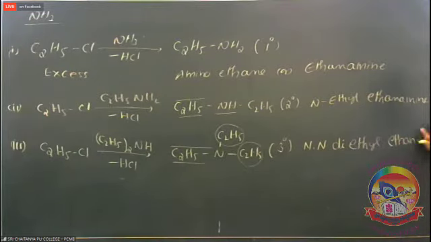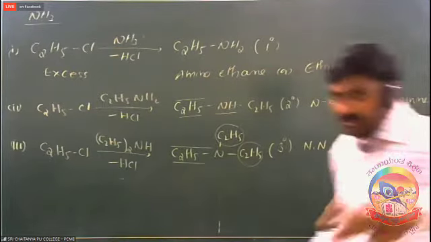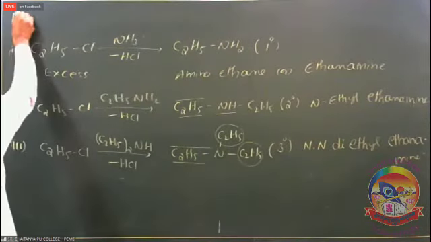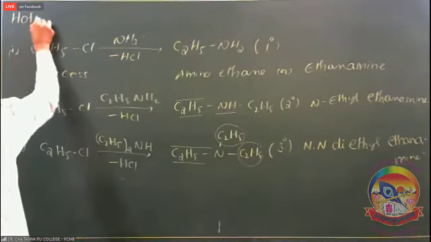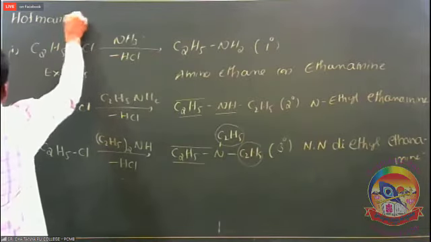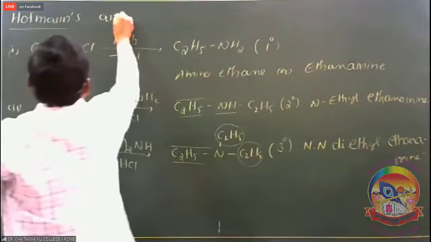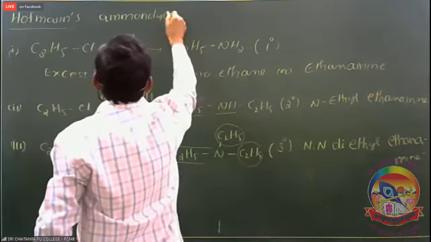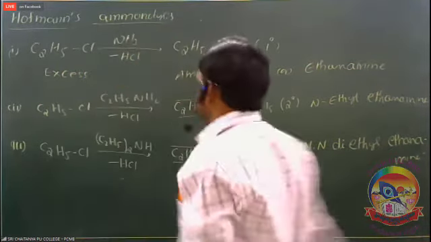First we write ethane, and this is replaced by amine. It is the third step. Totally the reaction takes place in 4 steps. It is also called Hoffman's ammonolysis reaction.